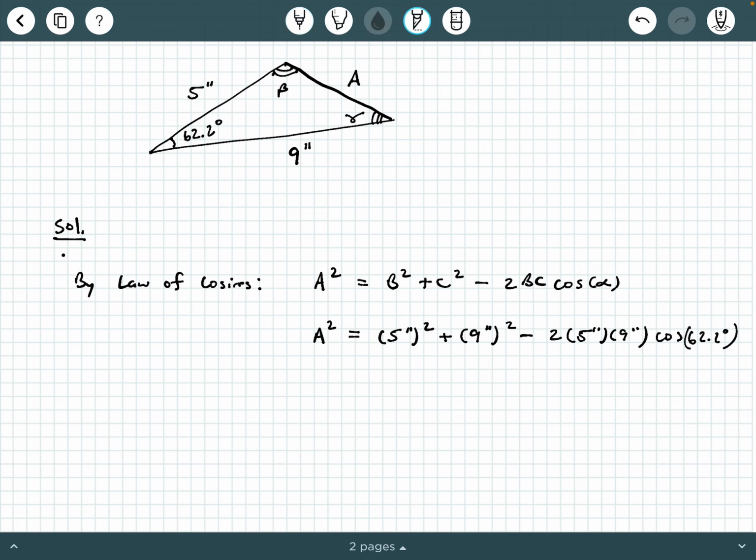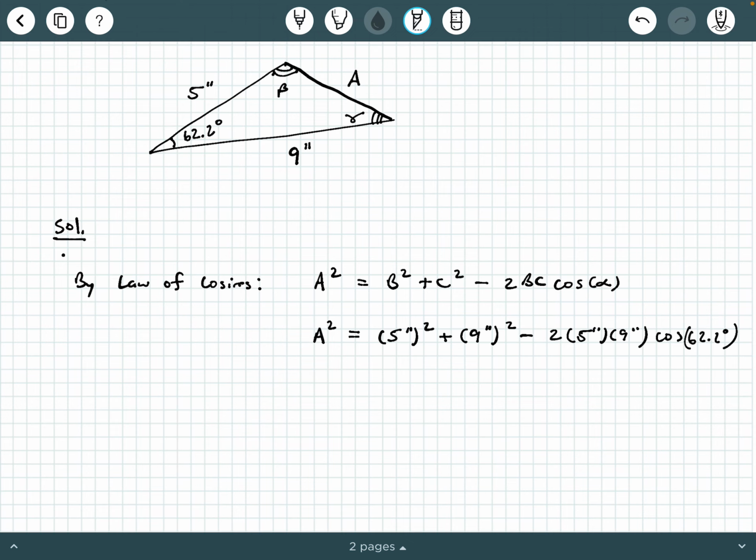Now, does it matter what side I call B and C? No, it does not, because you're squaring them and then adding those two terms, and in the last term of law of cosines, you're multiplying them together anyway.